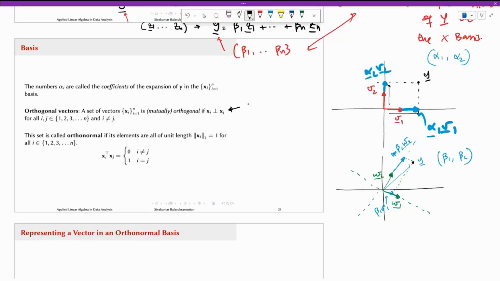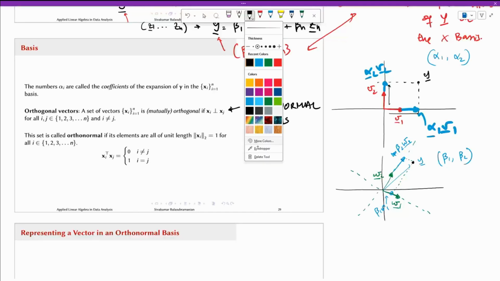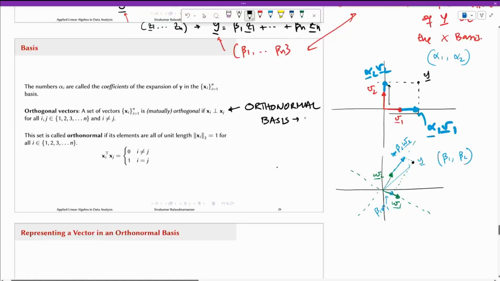These special bases are called orthonormal bases. It's very simple. An orthonormal basis for Rn is a basis for Rn where the individual elements of that basis set all have Euclidean distance 1.